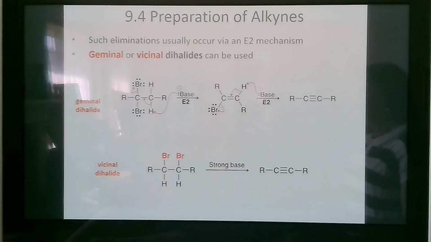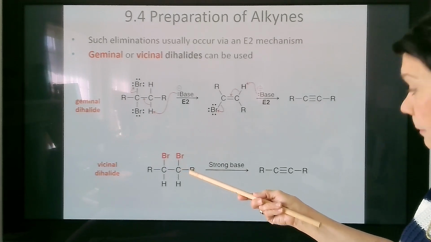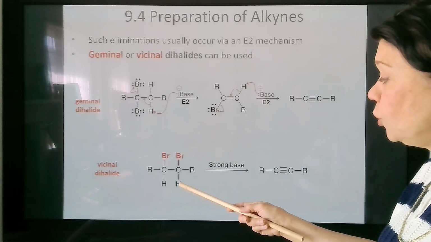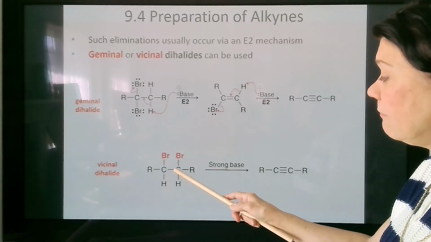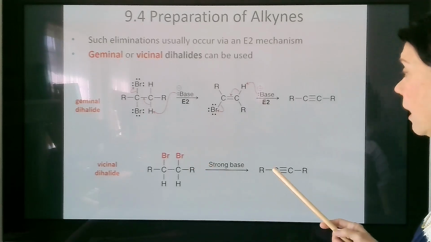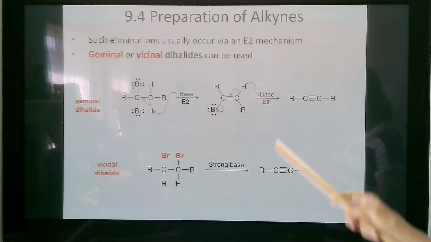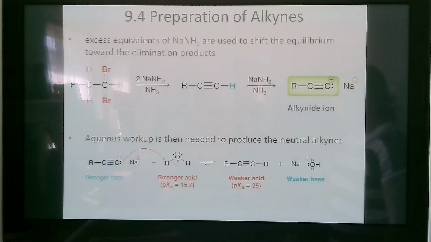And here you can have two E2 eliminations by two equivalents of strong base. First you would deprotonate, form a double bond, lose bromide, then you would deprotonate again, form another pi bond, and lose bromide. It's going to be a stepwise reaction, just like the one above. Each of these would be a stepwise reaction, and they have similar mechanisms.